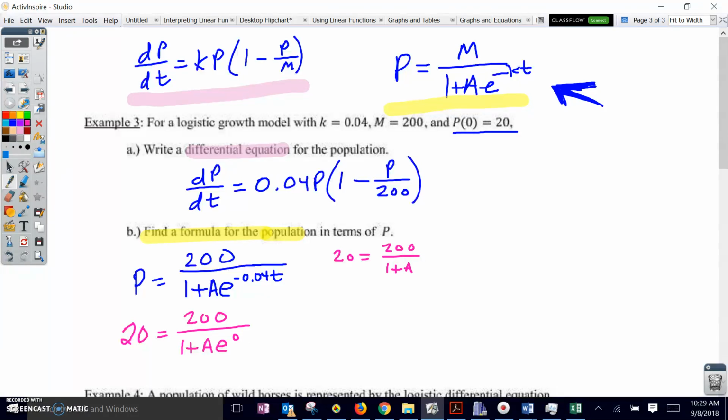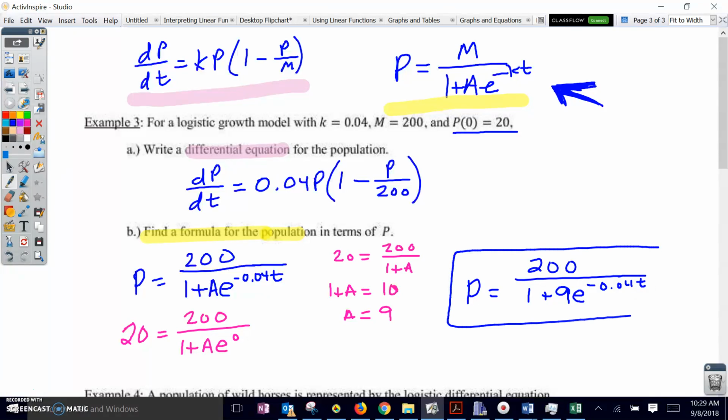Solving that, we get 1 plus a is equal to 10, so a is equal to 9. And now we can write our final model for the population: P is going to be equal to 200 over the quantity 1 plus 9 e to the negative 0.04t. And that's going to be our population model for this particular situation.